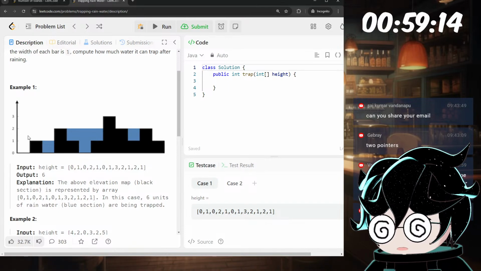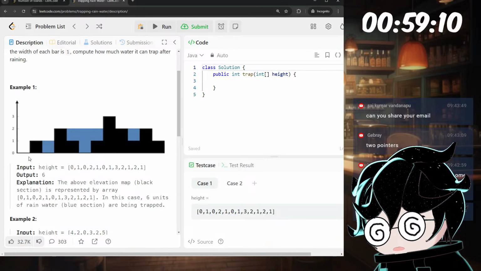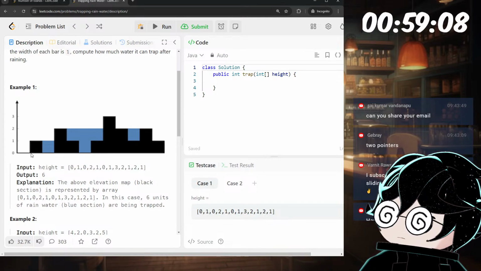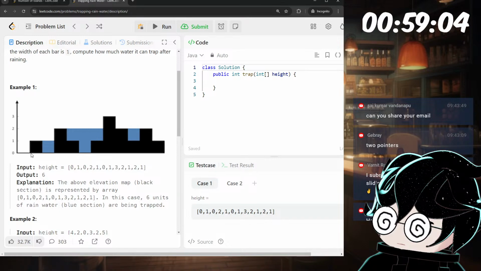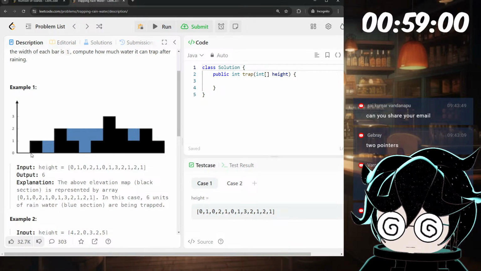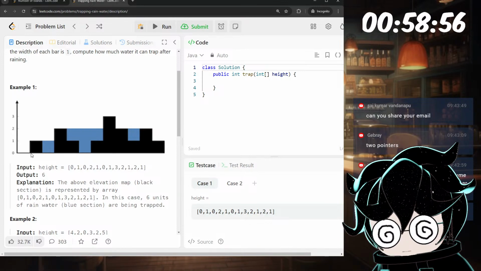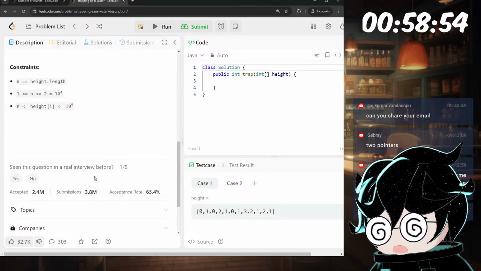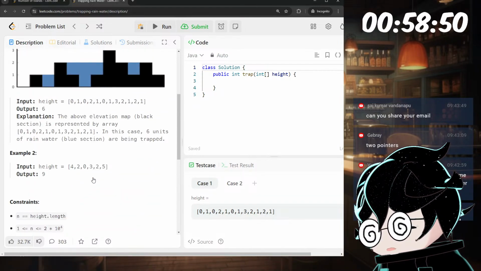Well, do we slide this pointer in because it's like killing us? You know what? Let's take a look at the hints if there's any. There are no hints for this.